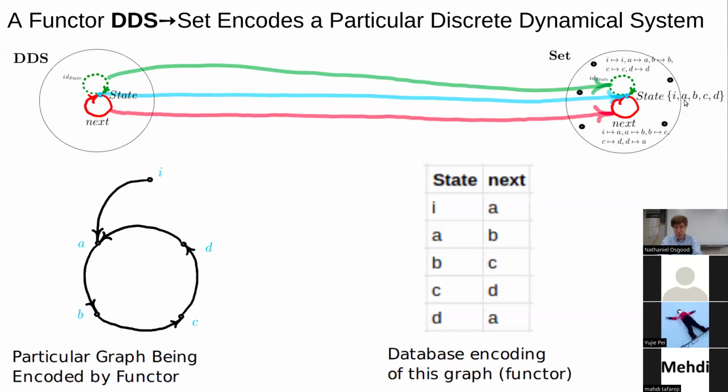So it will map, for example, I to A, meaning if we're in state I in the dynamical system, as described by these possible states, our next state will be A. If we were in state A at a certain time, our next state will be state B. If we're in state B, our next state will be state C, C to D, and D goes back to A here.